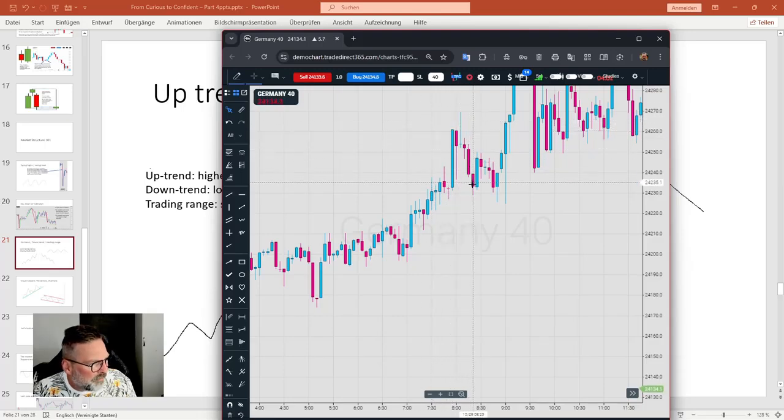And here the market broke structure. No, didn't. Because you see this low is still higher than that low. But here it definitely broke structure.